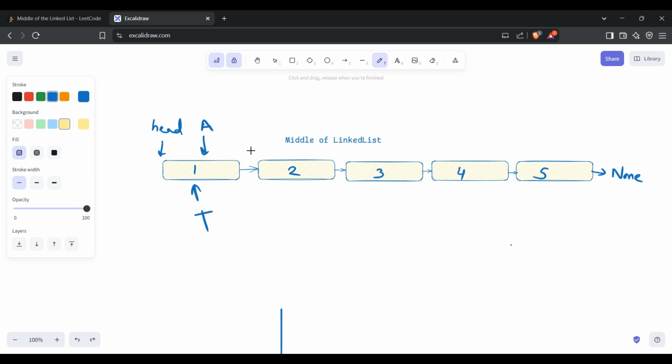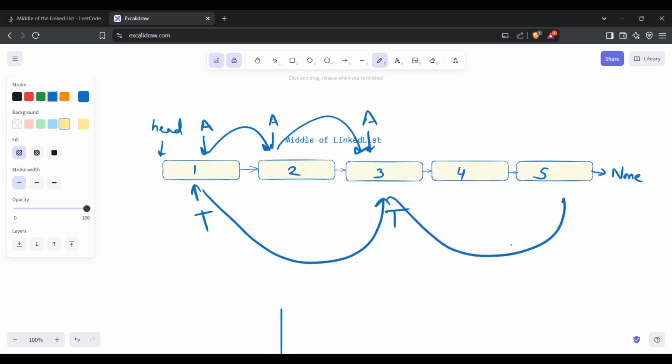For the first iteration, A will move here and T will go directly here. For the next iteration, A will move here and T will move here. Now we can see that the next of T is none. That means T can't move any further.